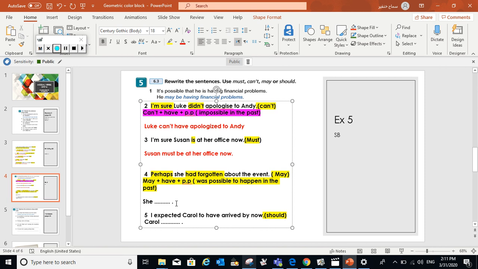So here I can say she may have, so I don't need this anymore. Okay, she may have, this is the verb in the past participle, forgotten about the event. She may have forgotten about the event.